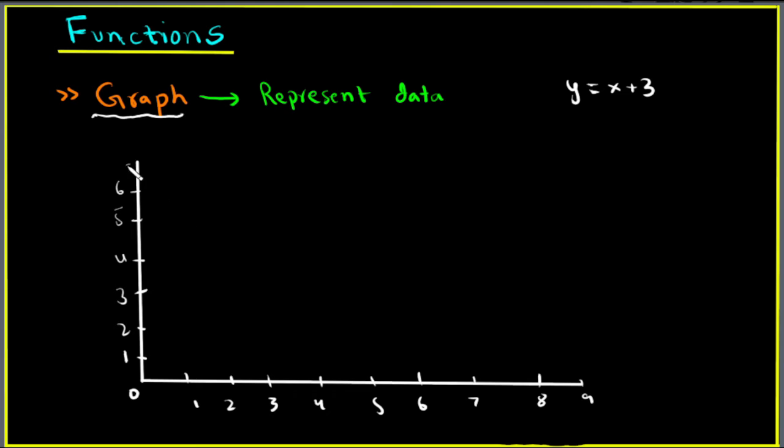You could go up to 9 and 8 here. So this is an axis system. By convention, we call the horizontal axis the x-axis and the vertical the y-axis.